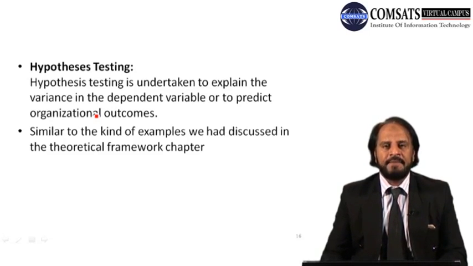So you're saying the scope is an independent variable, and the project success is dependent on it, and you're trying to predict that if the project scope is not properly defined, projects will fail. Now this kind of statement, or the purpose of the research, would be hypothesis testing.